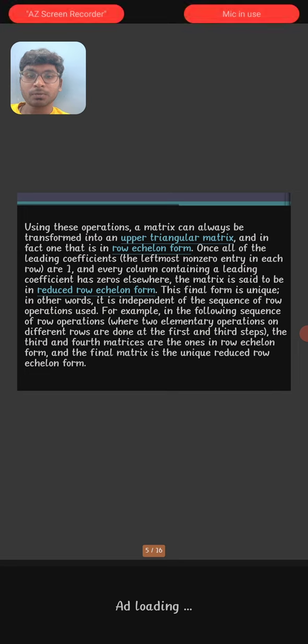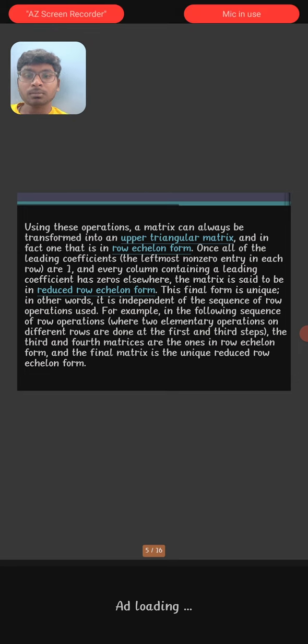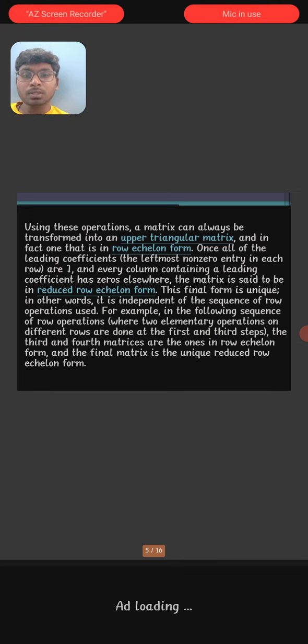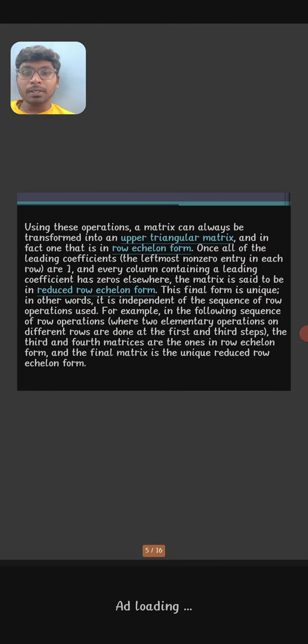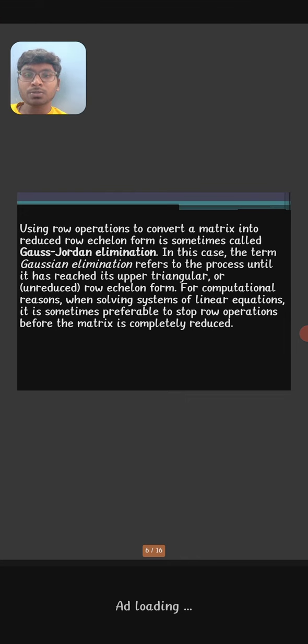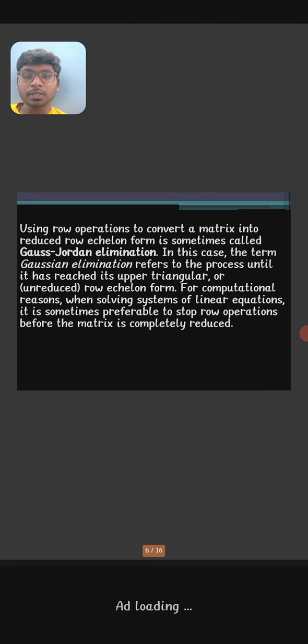For example, in the following sequence of row operations, where two elementary operations on different rows are done at the first and third steps, the third and fourth matrix are the ones in row echelon form, and the final matrix is the unique reduced row echelon form. Using row operations to convert a matrix into reduced row echelon form is sometimes called Gauss-Jordan elimination.